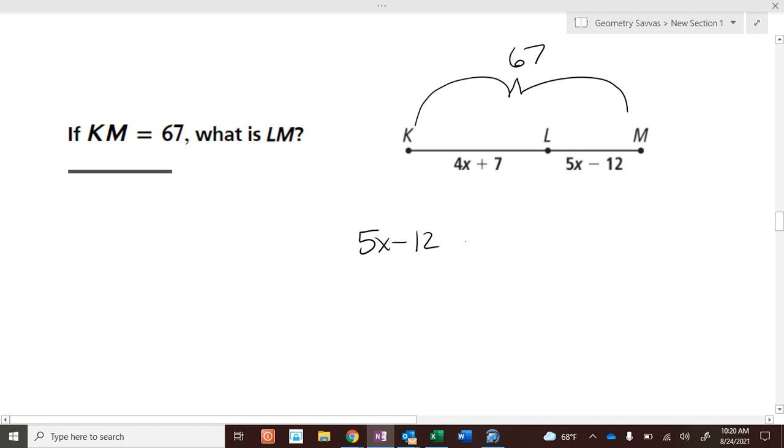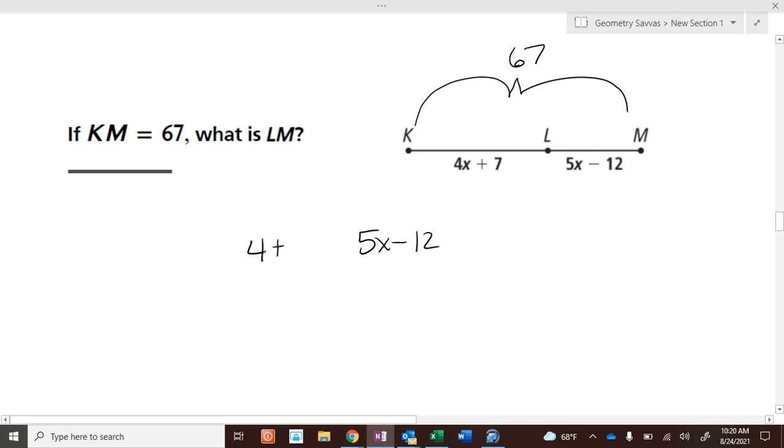5x minus 12 doesn't equal 67, no, because this whole thing equals 67, not just the 5x minus 12. So what other part do we need to add on to that? What do we need to add on to that, Jordan Peterson? 4x plus 7.